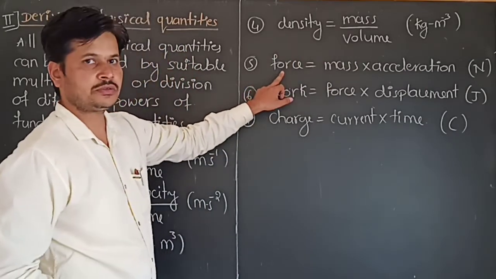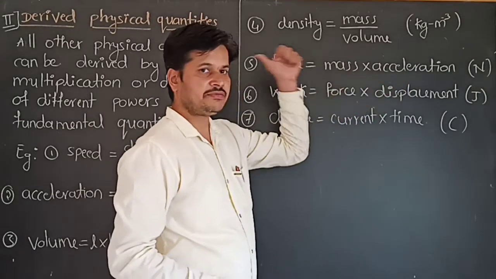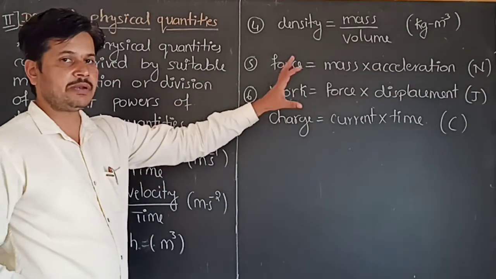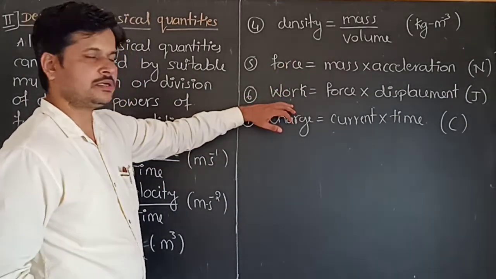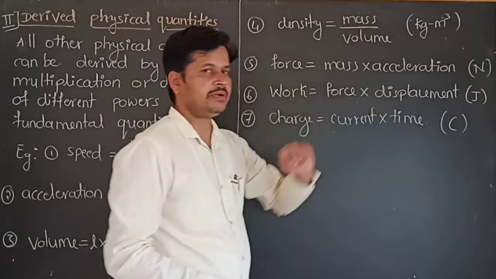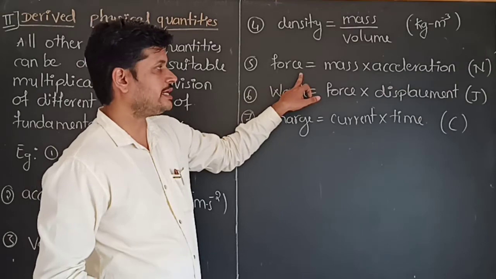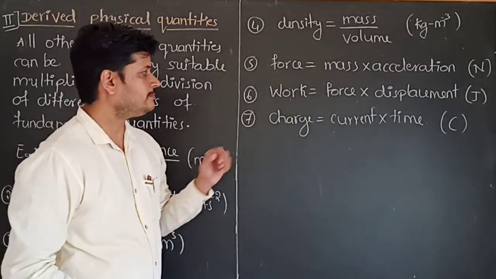Similarly, force: mass into acceleration. Mass is a fundamental quantity, acceleration is a derived quantity. When we multiply these two, we get force. Next one, work: force into displacement. Force we have already studied here, mass into acceleration. Displacement is nothing but length. Right?